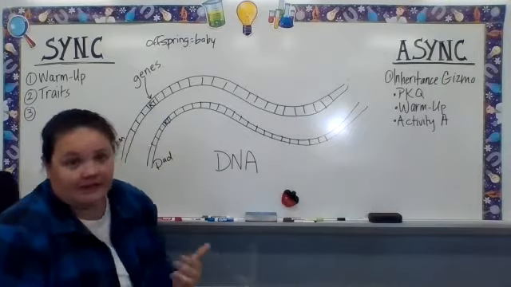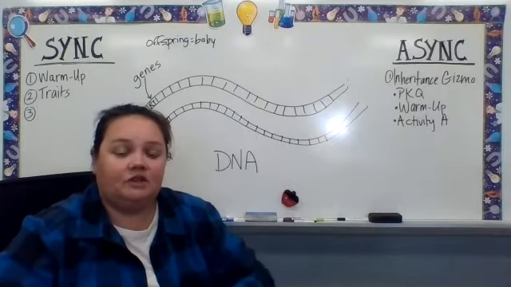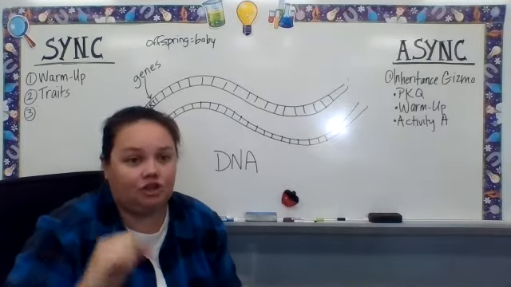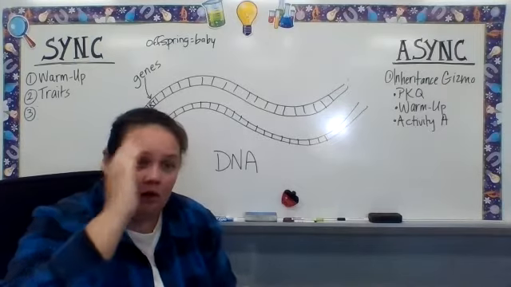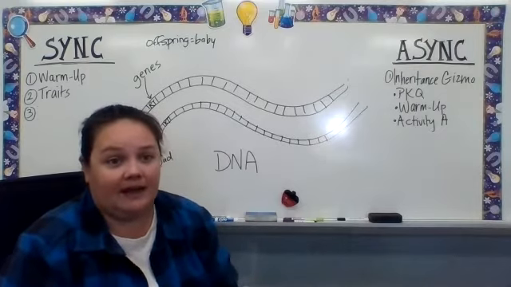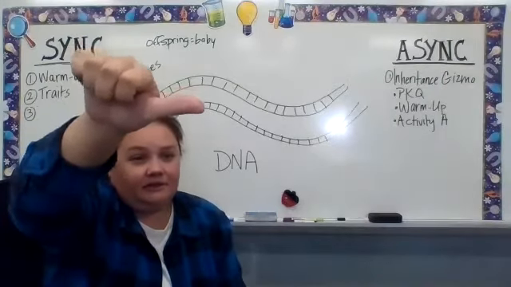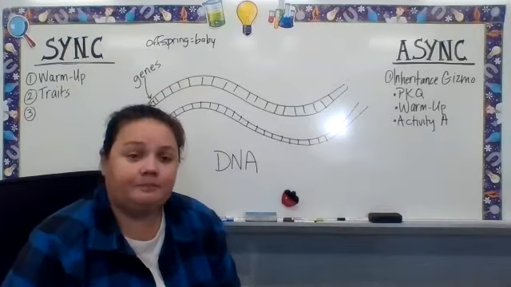So let's do our review. Let's see if you are with me. DNA is made of smaller segments that we call genes that control our traits. You get one gene for each trait from mom and dad. Thumbs up, yes, I'm with you on that. Sideways, explain it a different way, or thumbs down, I'm totally lost.